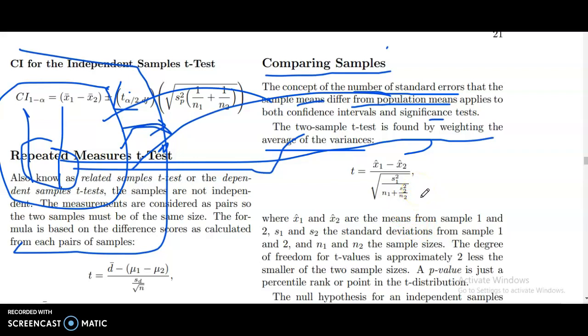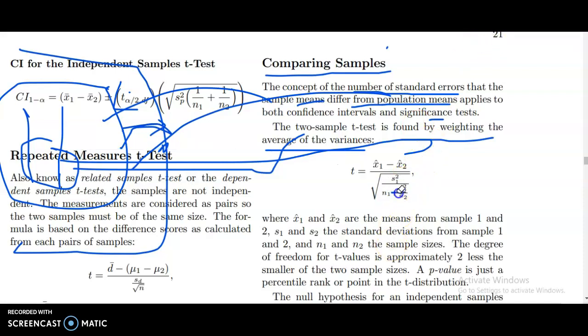It means how much we are getting from the second sample: S2 has to be squared, then this value is divided by n2. After that we have to add this n1.